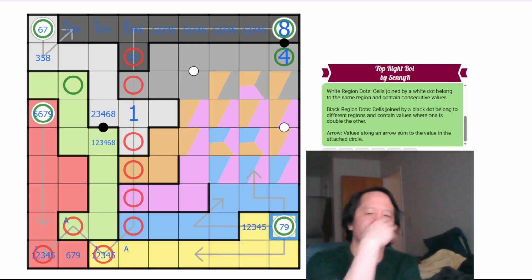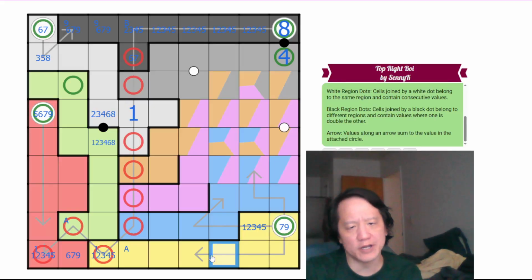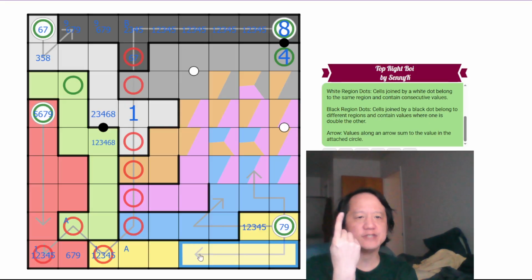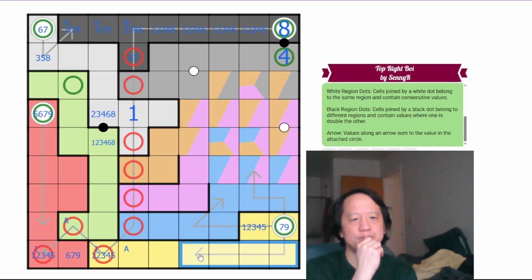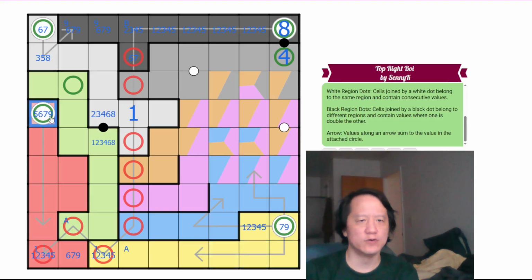What about 7? Well, without a 1, I think it's the same problem, right? 7 doubled is going to be... you cannot have 5 here. Ah, well, that's kind of helpful. You cannot have 5 here because that would be 1, 2, 3, 4 guaranteed here to add up to 10, which is 5 doubled.